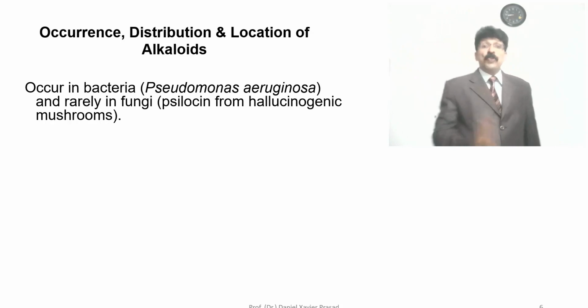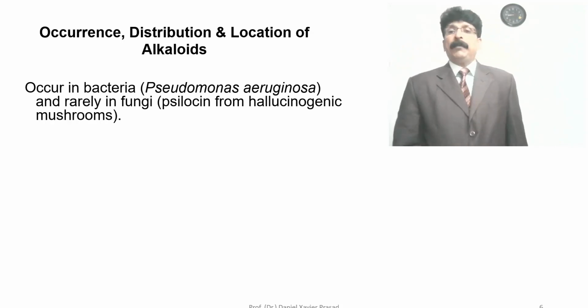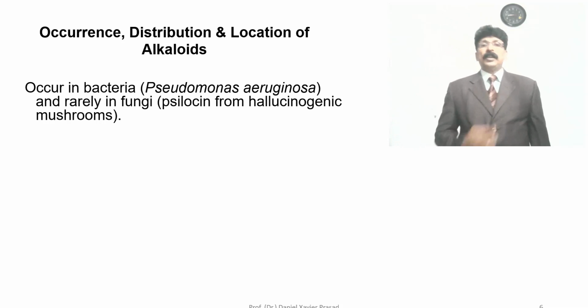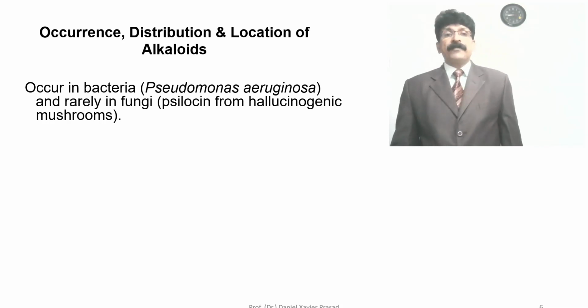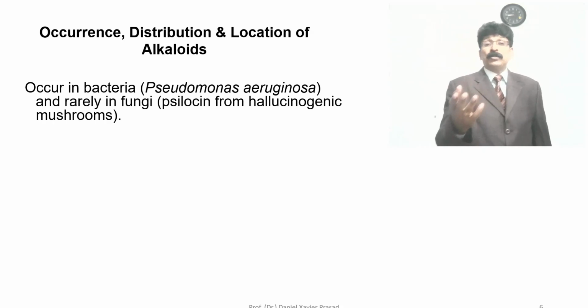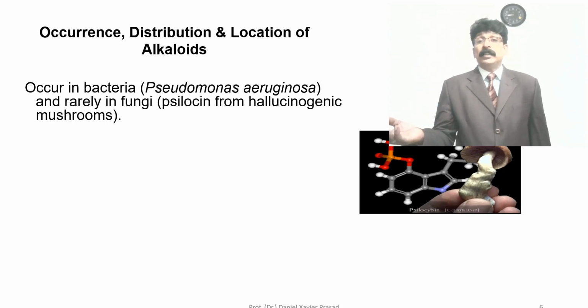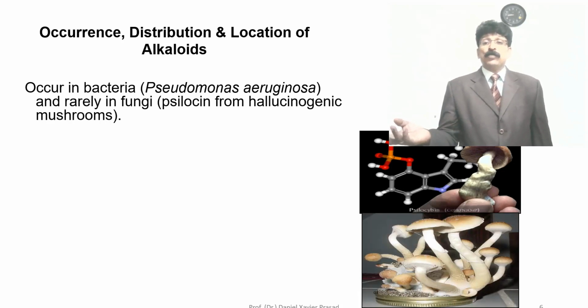Occurrence is not only in plants; it can occur even in microbes, like Pseudomonas aeruginosa in bacteria. They are rarely in fungi also, psilocin and psilocybin, even in mushrooms. Hallucinogenic mushrooms also have alkaloids.